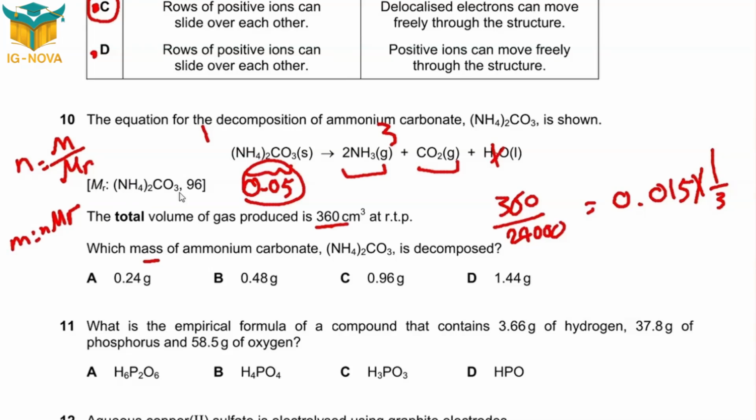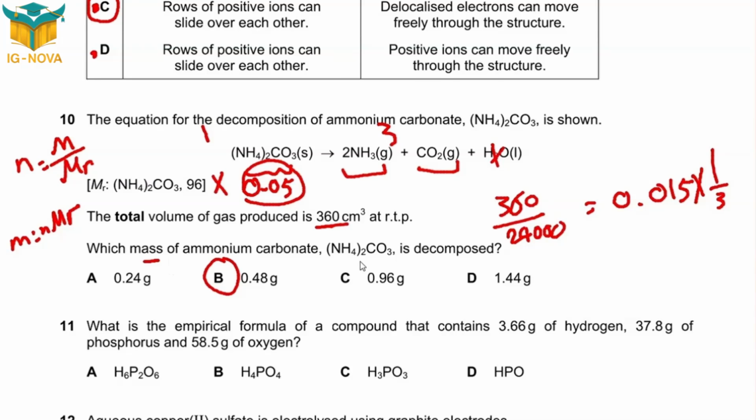So 0.05 multiplied by 96 is 0.48 grams. So option B. Again, the tricky point in the question is the total volume of gases, which means any species that appears as gas in the equation.